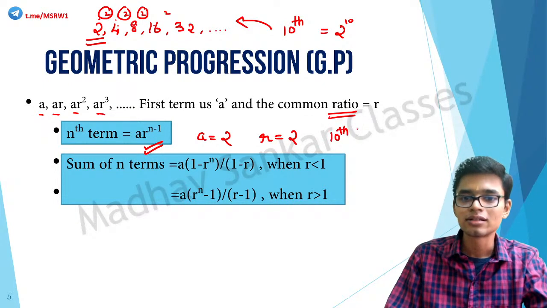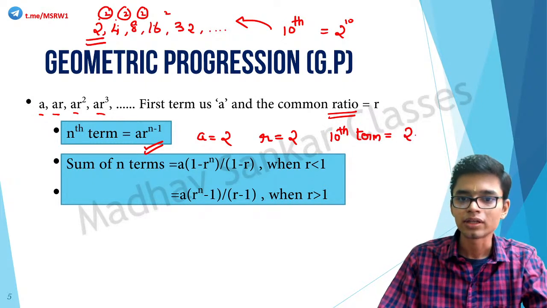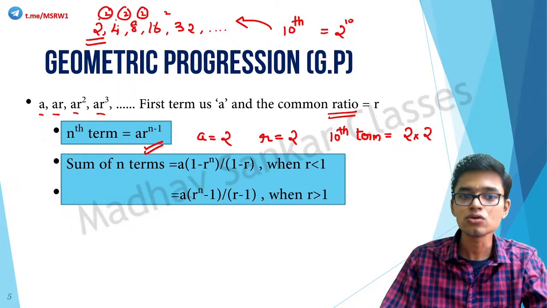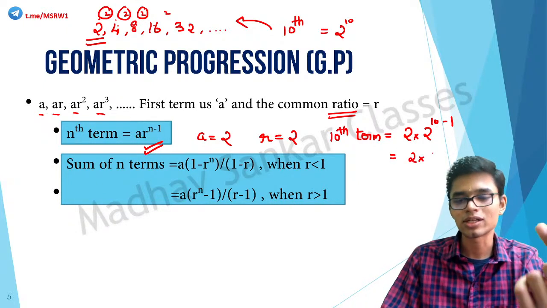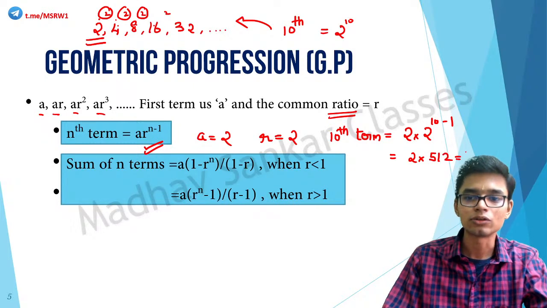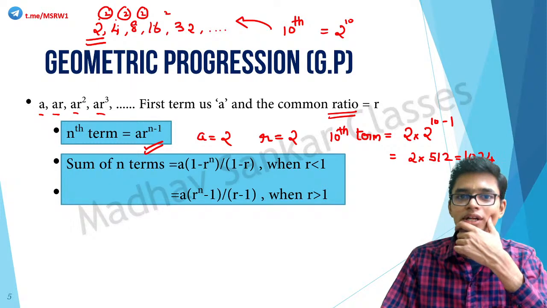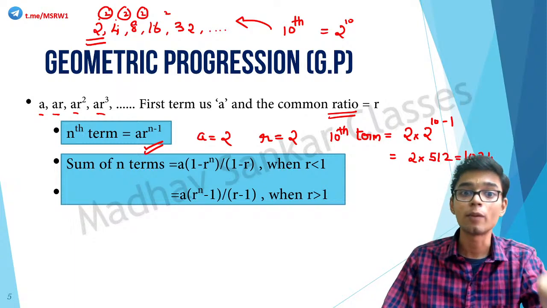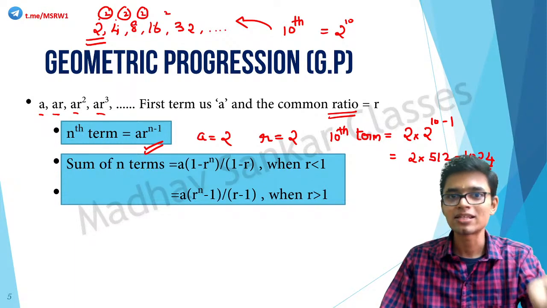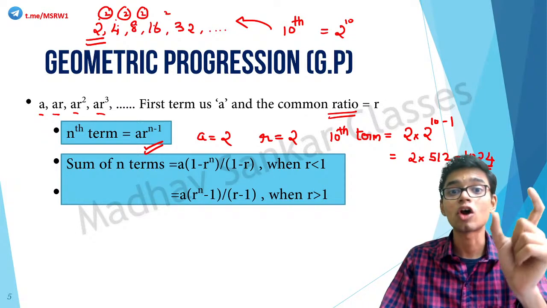So the 10th term is equal to A, that is 2, into R, again 2, raised to 10 minus 1, which is 2 into 2 raised to 9, which is 2 into 512, which is equal to 1024. Got it? That is how you find the nth term of a geometric progression. Very simple formula: A into R raised to n minus 1. A is the first term and R is the common ratio.